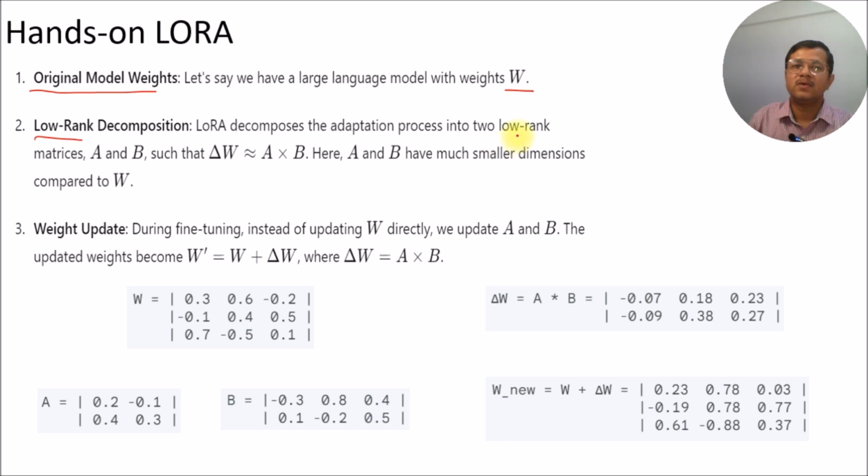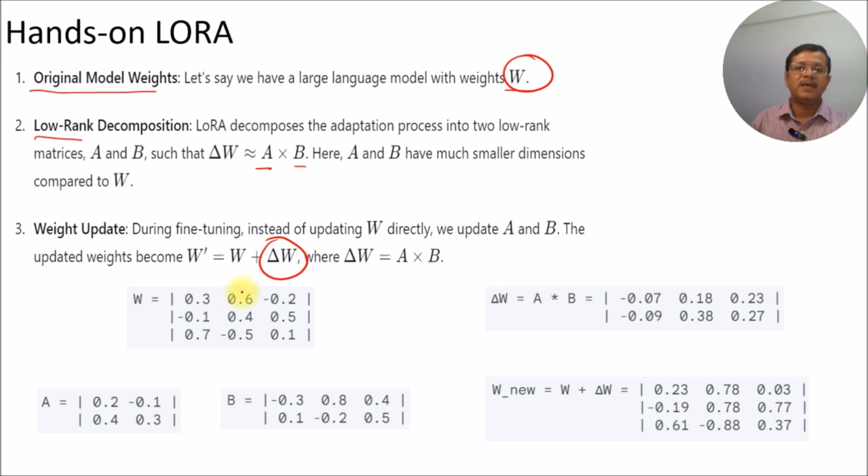We just select the low rank matrices, and the rank we select is a trade-off. We generally select the rank in such a way that we can get the best quality in performance. For example, we identify two matrices A and B, then we calculate the change in the weight by multiplying them, and after that we update the weight of the original matrix by adding those changes.